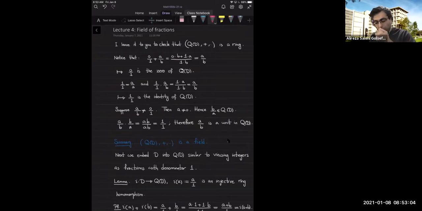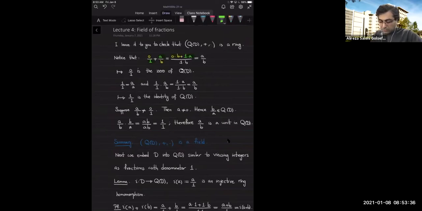So 0 over 1 plus a over b, when I add them, I end up getting, by the way that we defined addition, the numerator of the first one times the denominator of the second one gives me this, and then denominator of the first one times the numerator of the second one gives me this, and then at the end I have to multiply the denominators. 0 times anything is 0, 1 times a is a, so I end up getting same fraction, a over b.